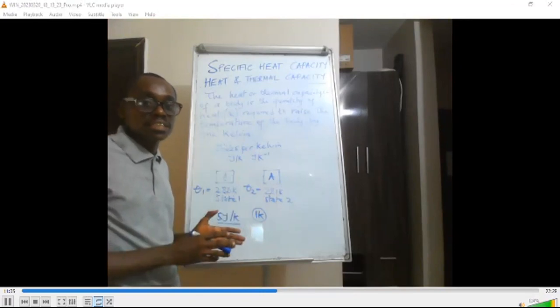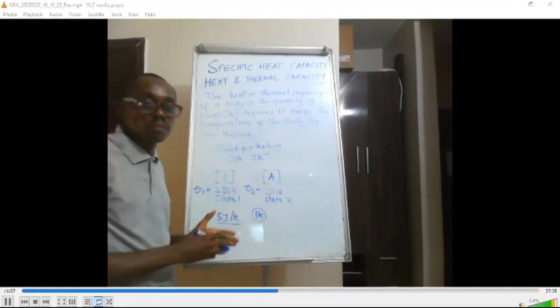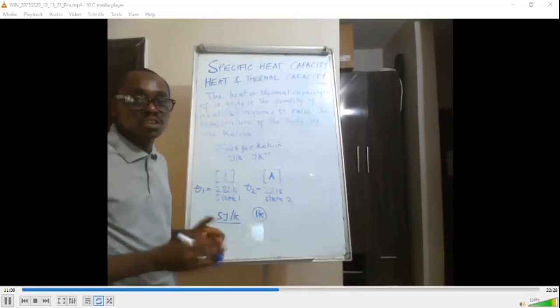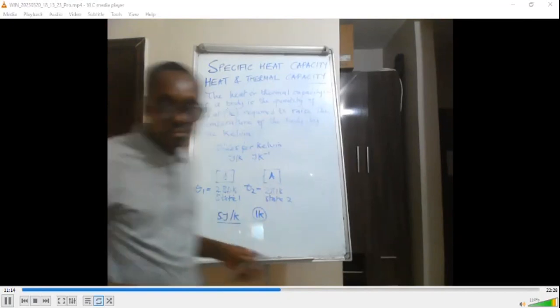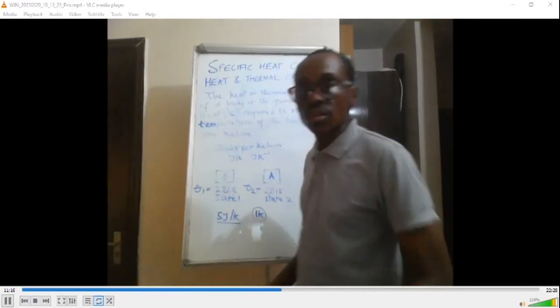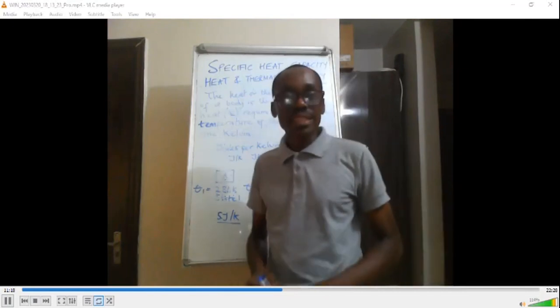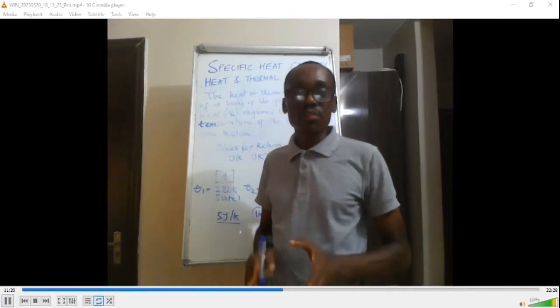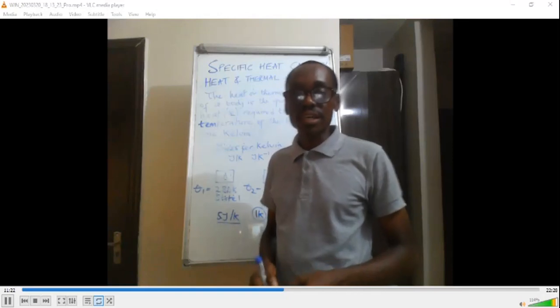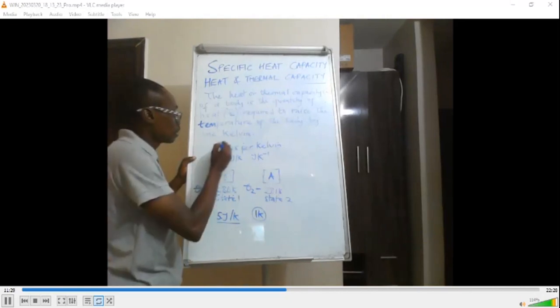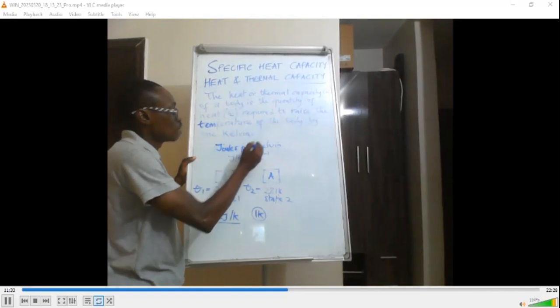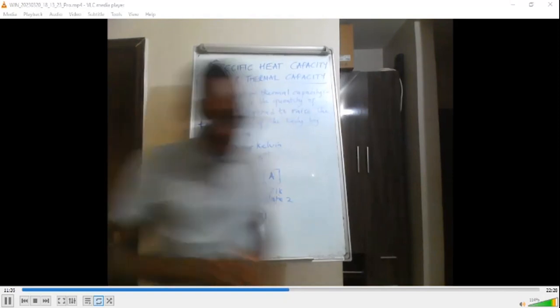Heat capacity differs from body to body; it depends on the body in question. Thermal capacity for different bodies is different. Heat capacity is measured in joules per Kelvin.